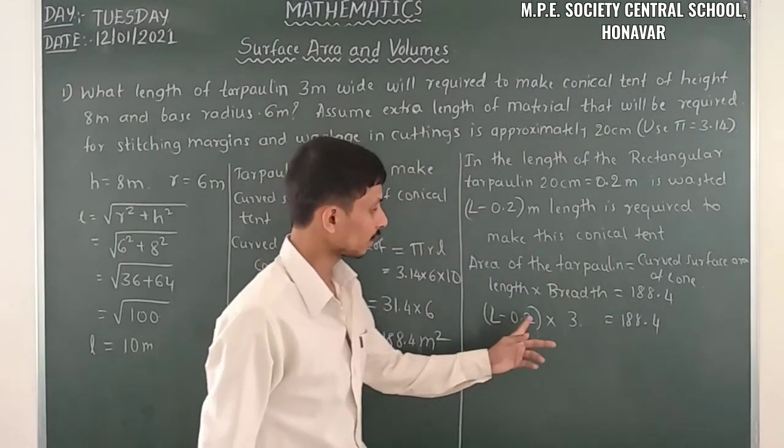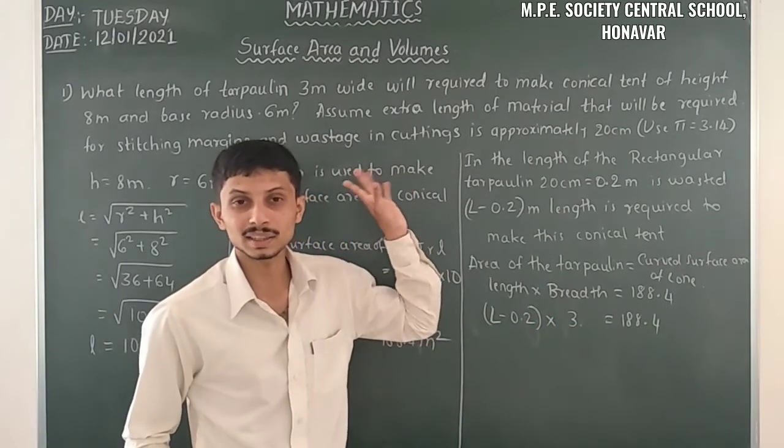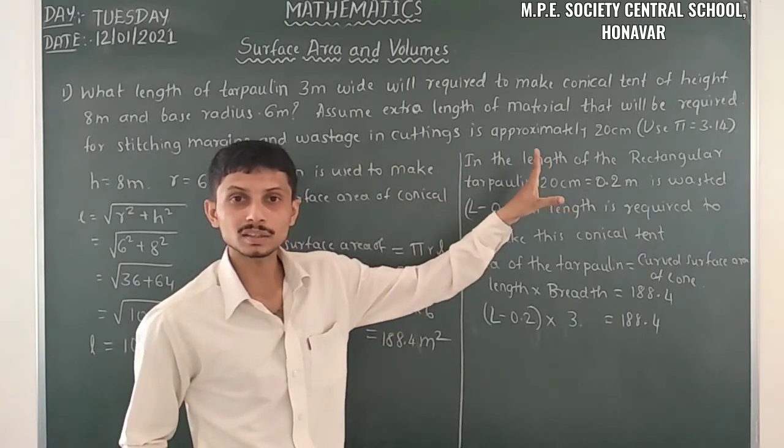Then here we have to transpose all the things except L. This L is our required thing, that is the length of the tarpaulin used to make the conical tent.